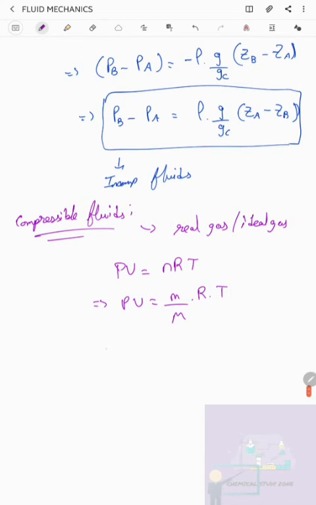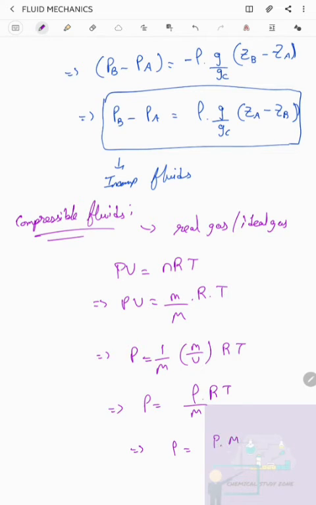So we can write it as P equals 1 by m into mass by volume into RT. As you know that mass by volume is nothing but density, we can substitute density over here, rho into RT by molecular weight. This implies our density equals P into m by RT.